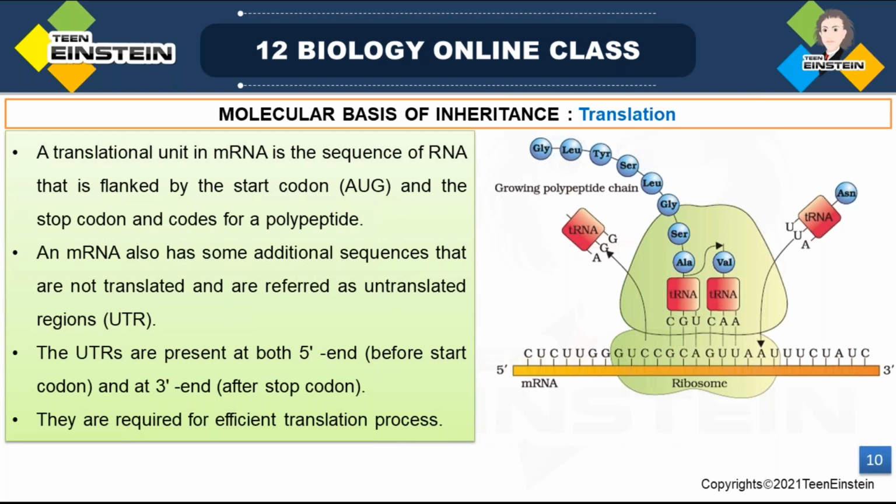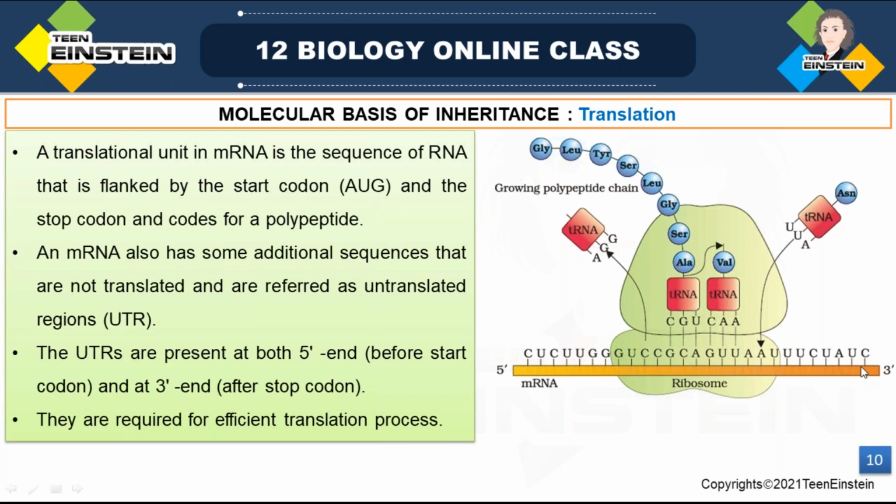The UTRs are present at the 5' end and the 3' end. At the 5' end, the UTR will be present before the start codon, and at the 3' end, after the stop codon.